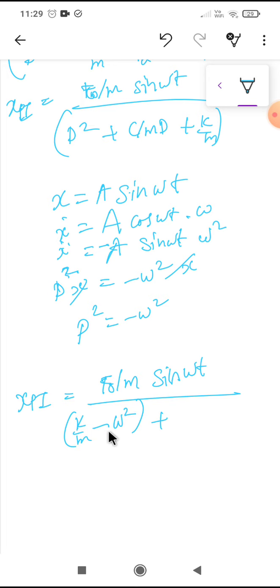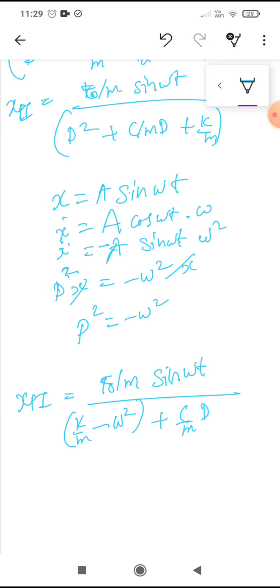Why I've taken it on the left: because in this term there is no D, and in the other term I'm replacing D square by minus omega square, so these terms are free from the operator, so I've merged them into a bracket. So plus c by m D. Now there is a D left still, so we need to remove it. How can we remove it? If this D converts into square, we can remove it.